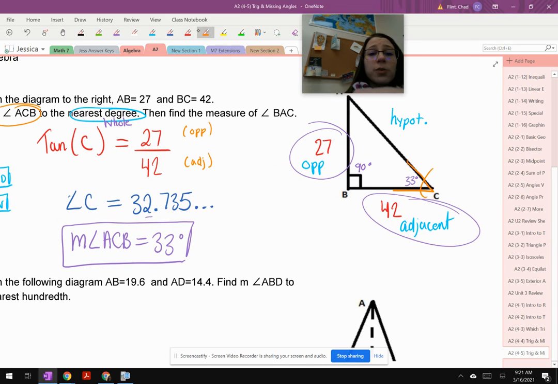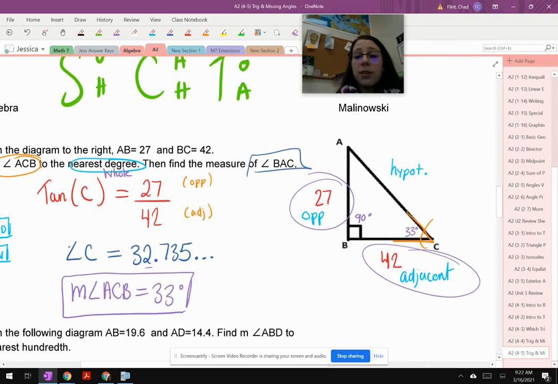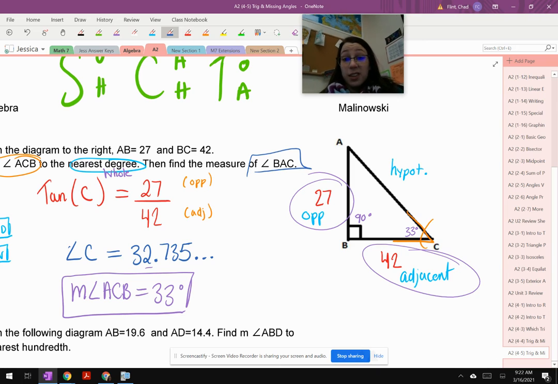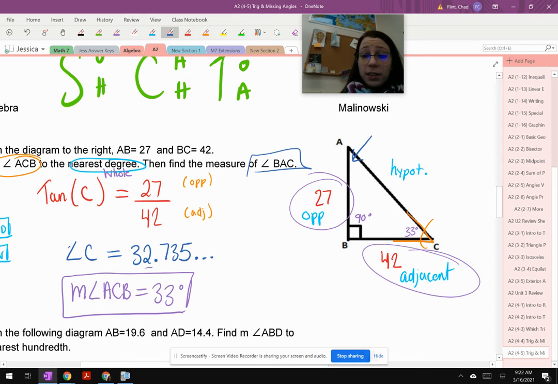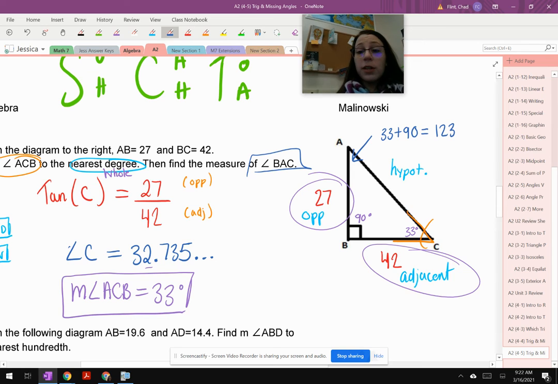And then this question was asking me a secondary question to find the measure of BAC, which is up here. I could go back to my old school things I know about triangles, the fact that all 3 interior or inside angles add to 180. So to find this angle, I'm going to do 33 plus 90 is equal to 123.